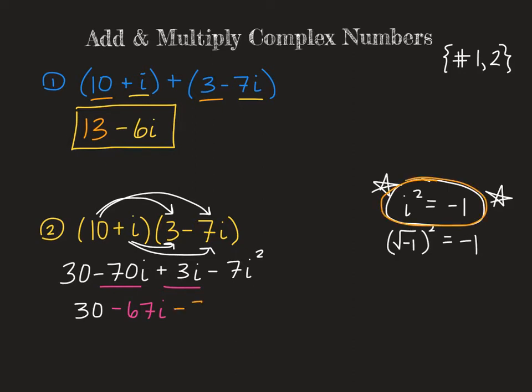So we'll have minus 7, and then I'm going to replace i squared with what it equals, -1. So this term is really plus 7. So we have 30 minus 67i plus 7, which ends up equaling, when we combine these like constants, 37 minus 67i.